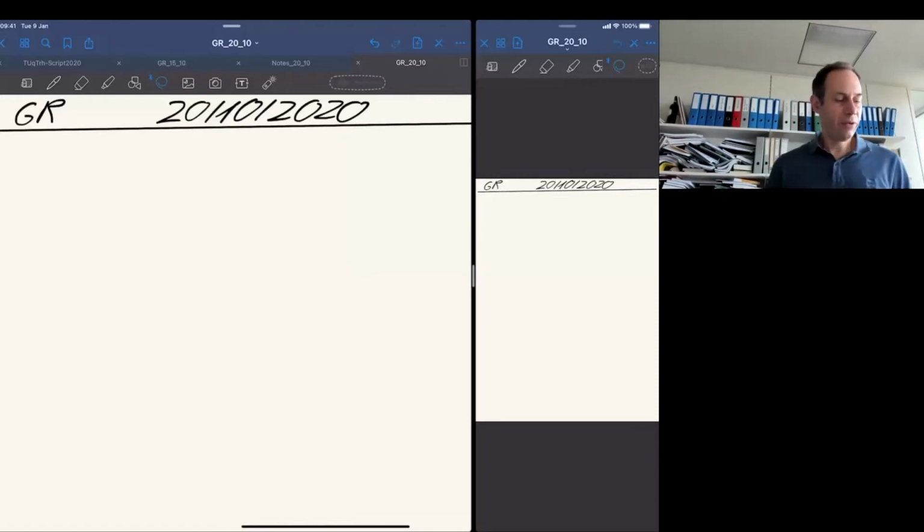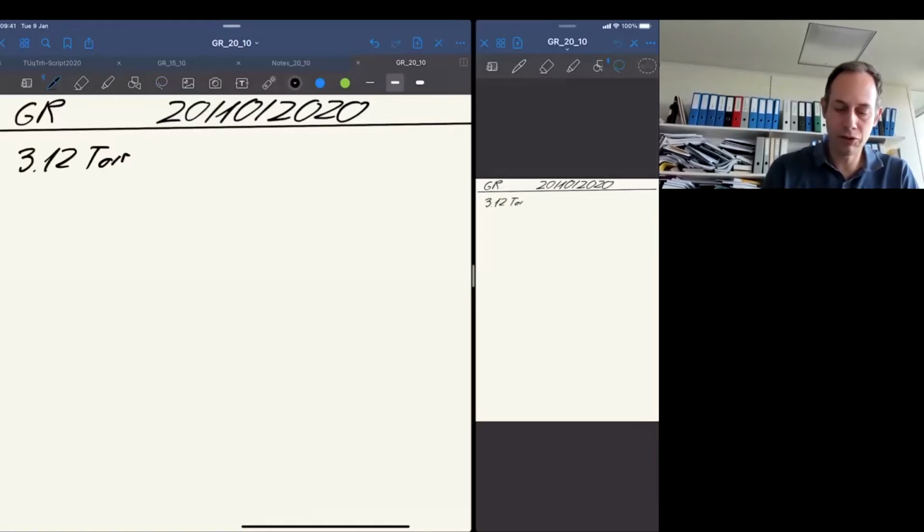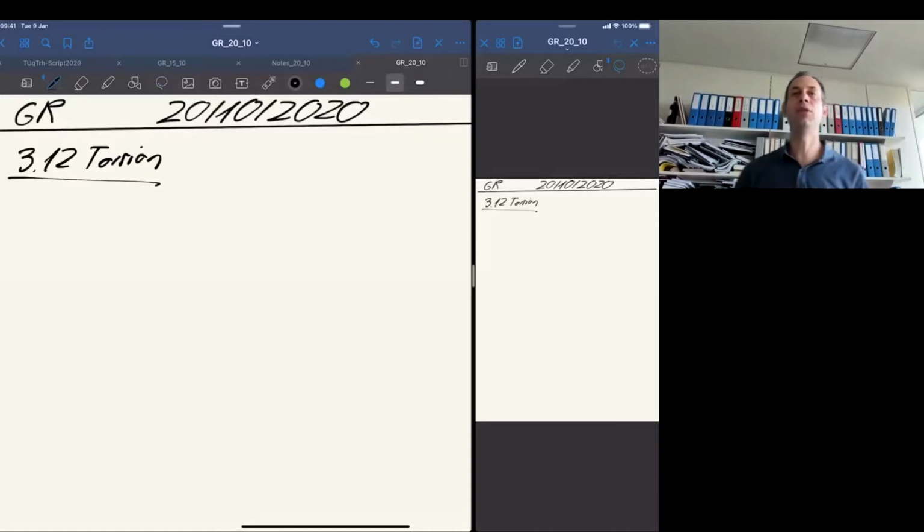But let me start with the mathematical part of this and remind you briefly of the definition of torsion. That's chapter 3.12. I'm aware that at the end of last lecture, I had two chapters in one, torsion and curvature, but I only gave the definition. Now I will discuss these in more detail.